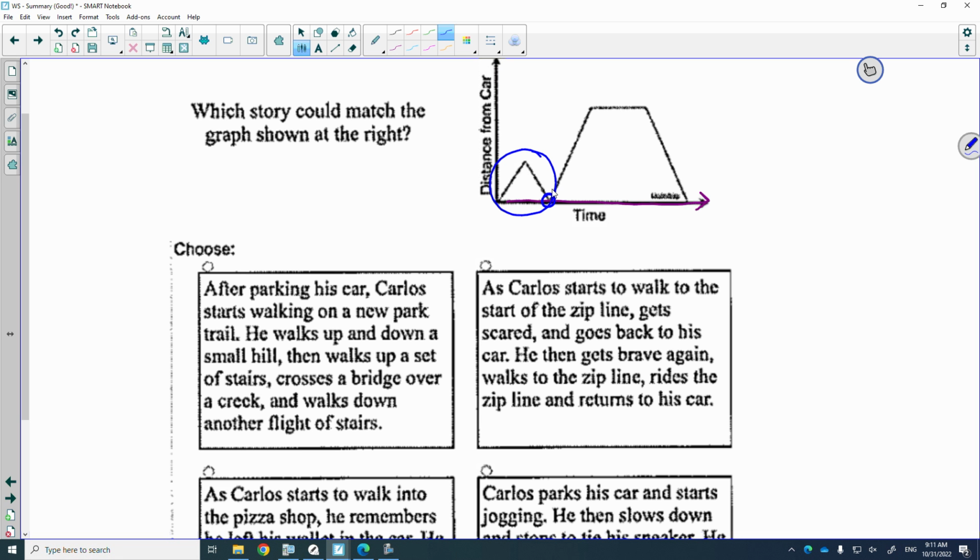So this is distance away from the car. This represents walking away from the car, but this represents he returned to the car. So whatever the story is, the first part is he goes away from his car and then he returns right back to his car. And then here he's walking away from his car.